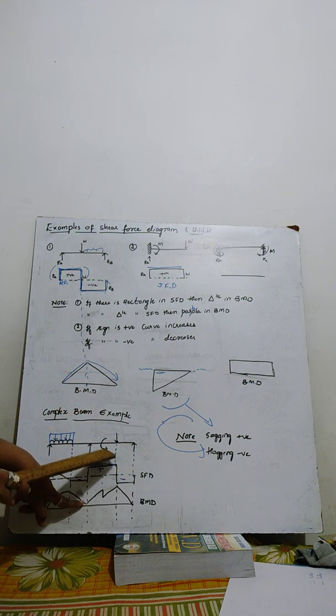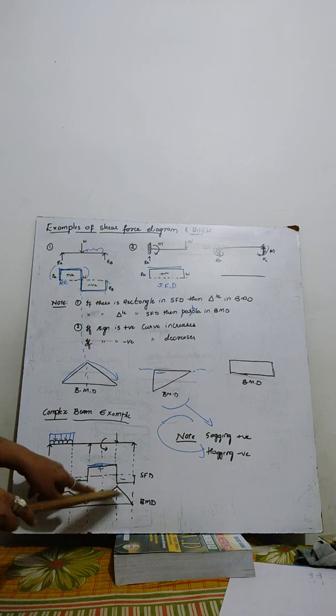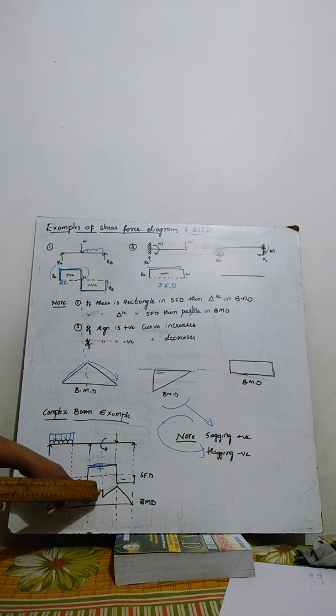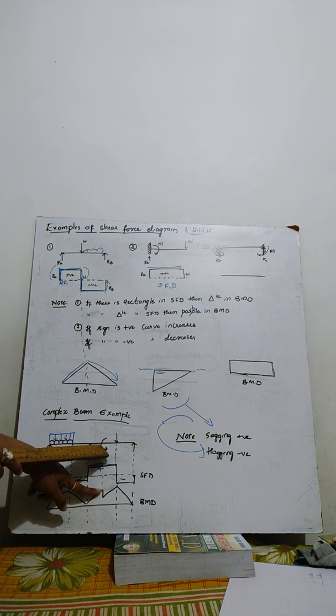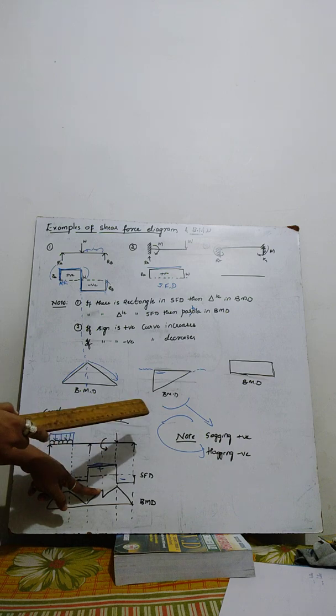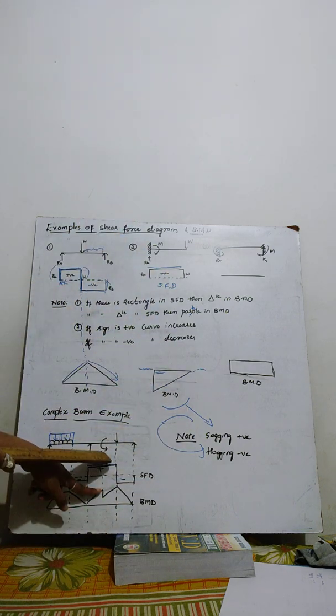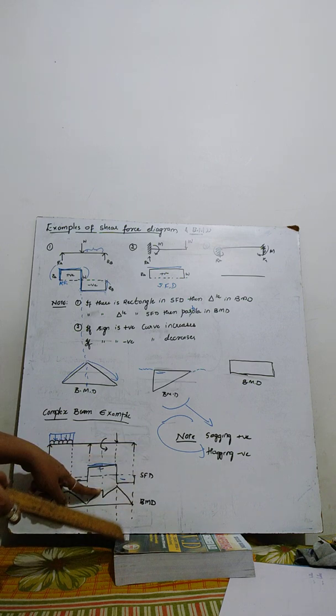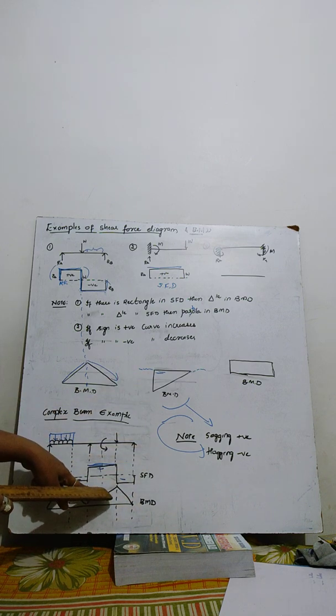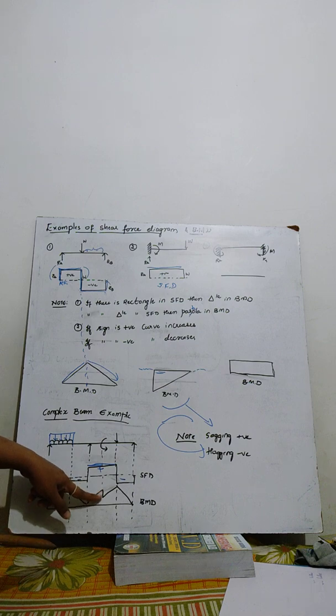So up to this point, since it is a rectangle, it is an increasing triangle, but at this point you can identify a drop. That is because whenever a moment is present in any beam, you should draw one vertical line. Since it is pointing downward, we have dropped a line downward.